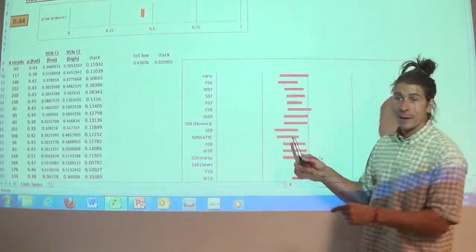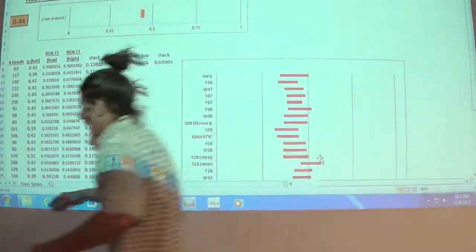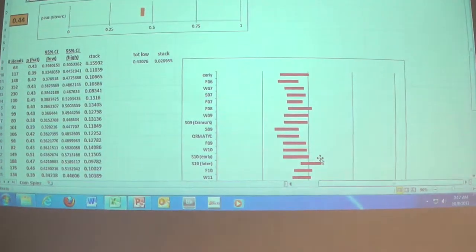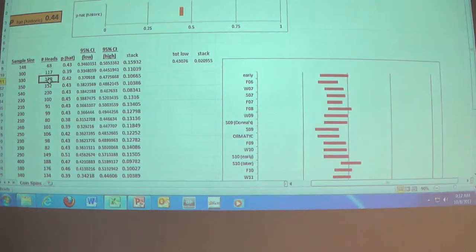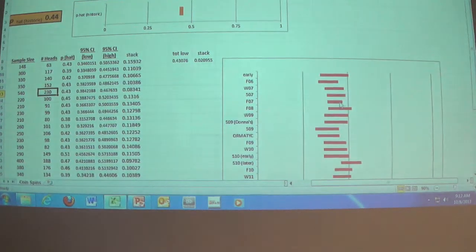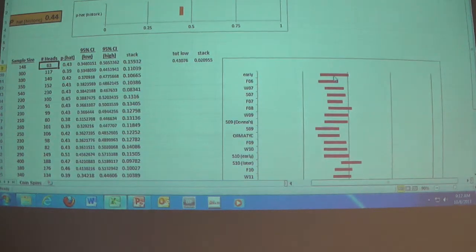So as your n gets bigger, notice the large n values. It's kind of hard to see over there, I have to slide over a little bit. But the larger n values, here we go, 140, 152, 230, that little skinny guy right there. But the small n value, 63, very wide. Notice how that particular confidence interval touches 0.5?